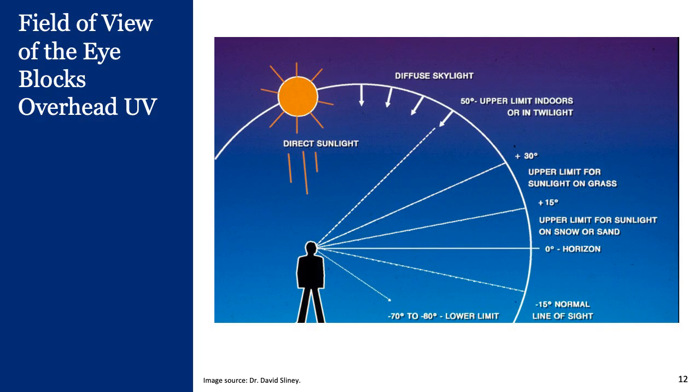So overhead sky light, which has a lot of UV, actually is blocked by the upper lid so that you don't get snow blindness.